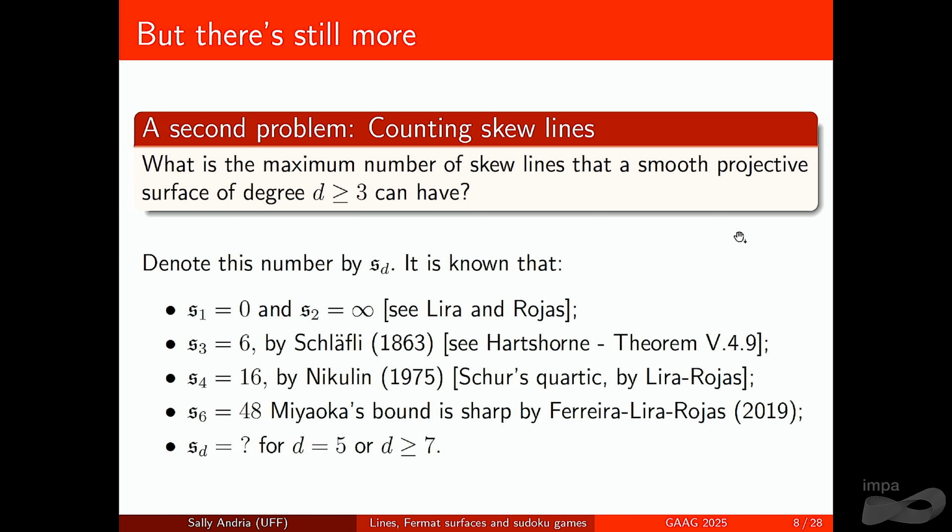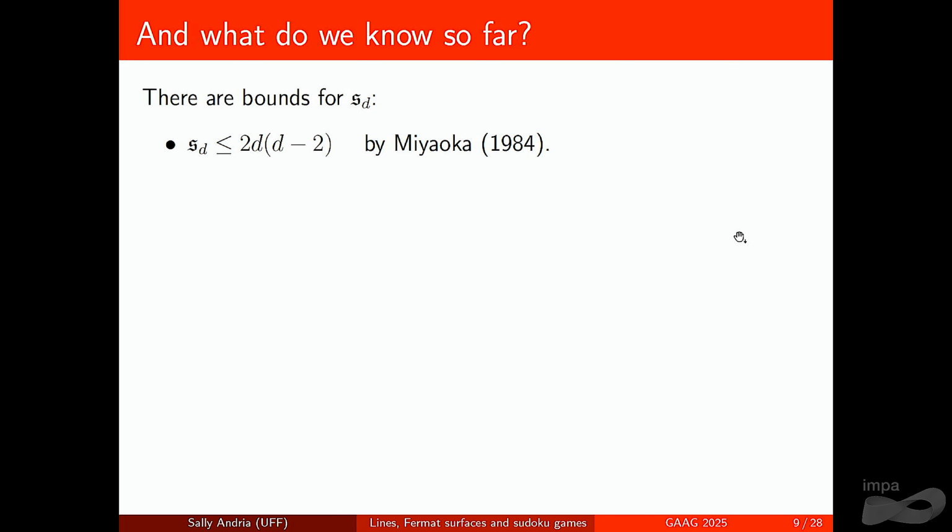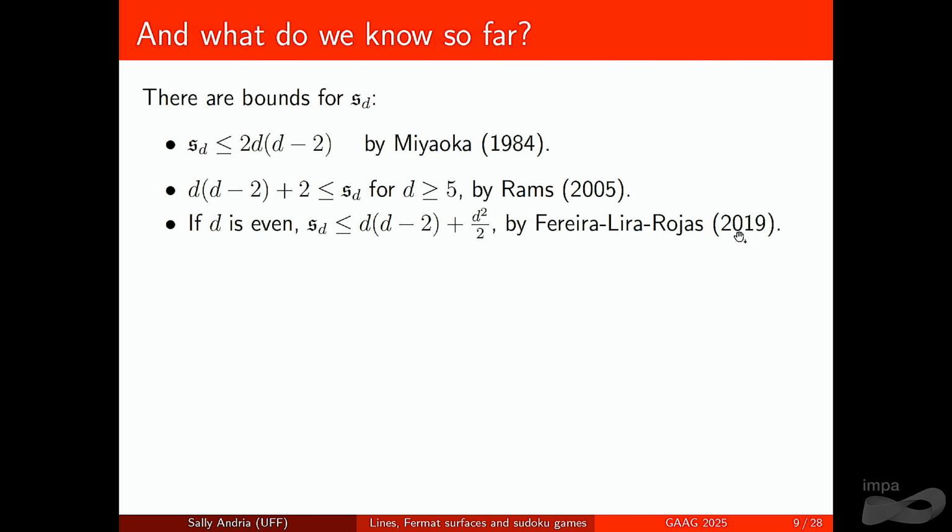As for the bounds, we have the Miyaoka bound, and Rams gave an example of a smooth surface of degree D that shows the bound is sharp. And besides S_6, Ferreira, Lira, and Rojas improved Miyaoka's bound in the case when D is even.